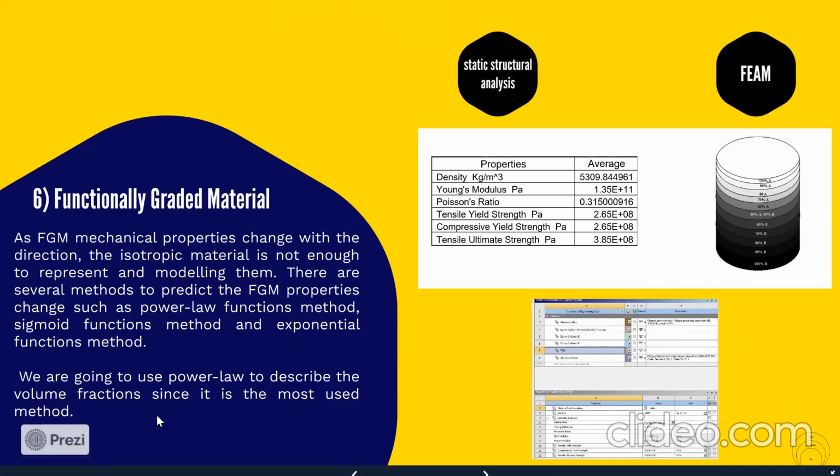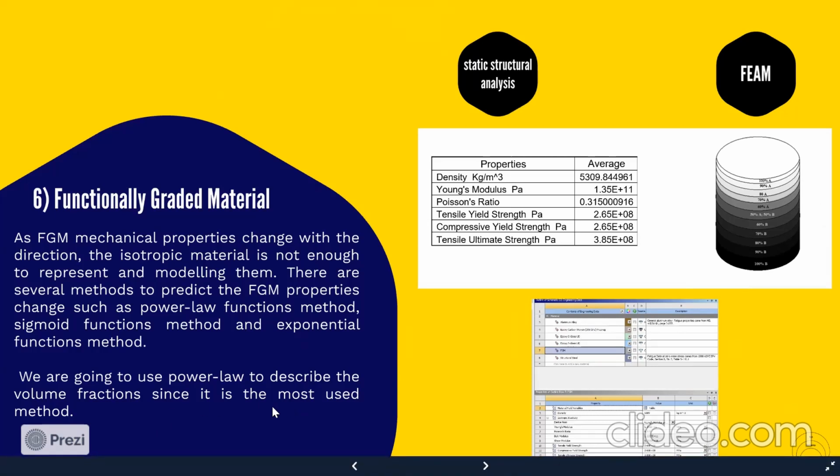The isotropic material is not enough to represent and model them. There are several methods to predict the FGM property change, such as the power law function method, the sigmoid function method, and the exponential function method. We are going to use the power law to describe the volume fraction. It's the most used method.